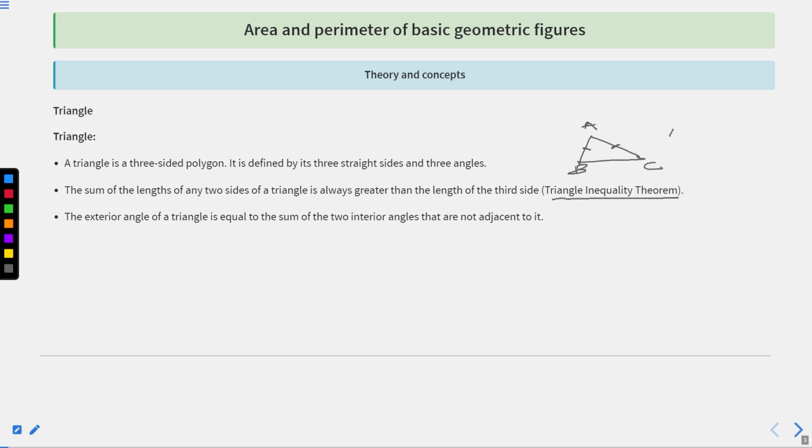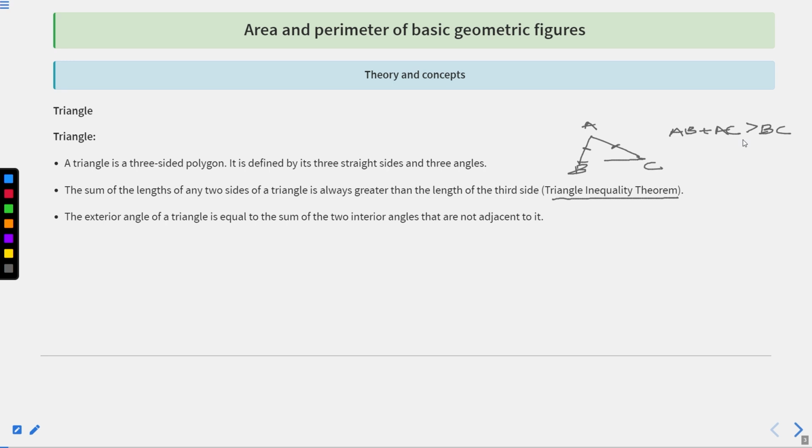Suppose AB is the length of this side and AC is the length of this side. If I add them together, it is going to be greater than the length of this side. Okay, that's the triangle inequality theorem for you.